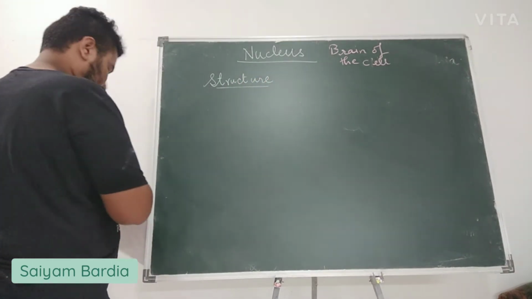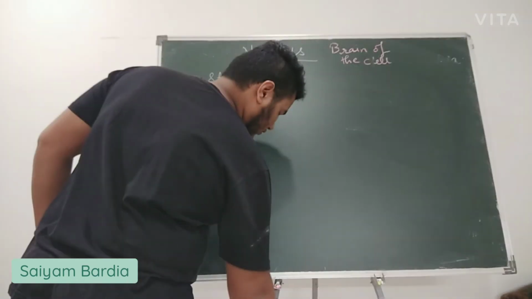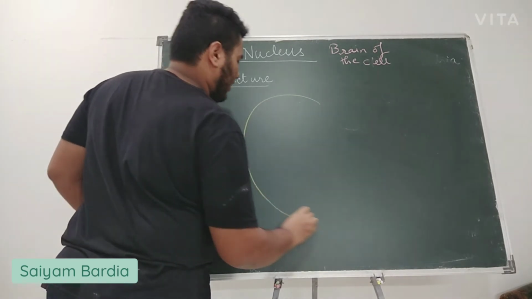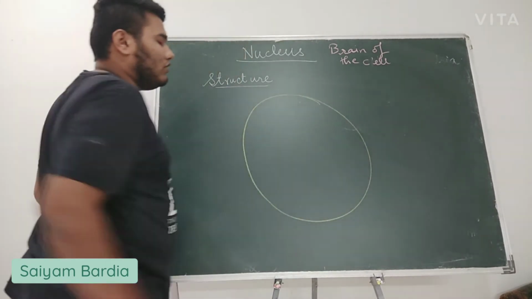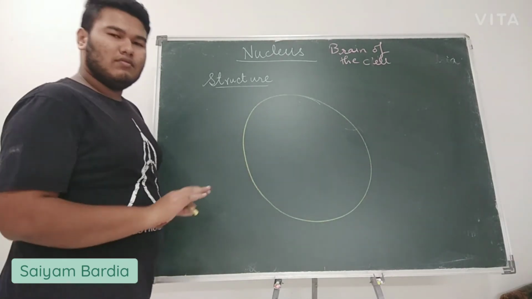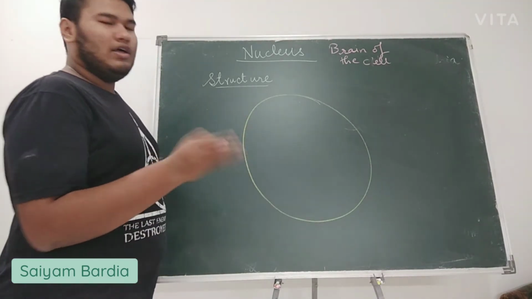Structure of nucleus. Okay. So if this is the nucleus, I am going to draw a 2D diagram, okay, and I will write the function of each structure beside them.